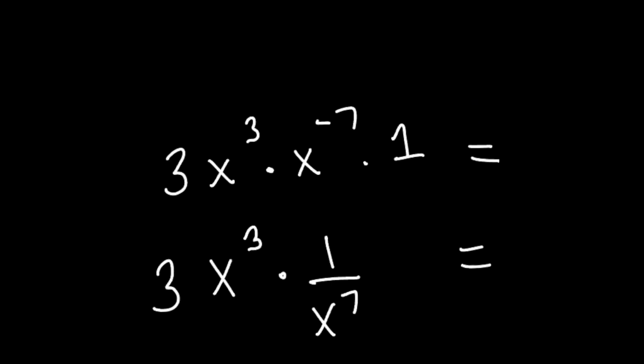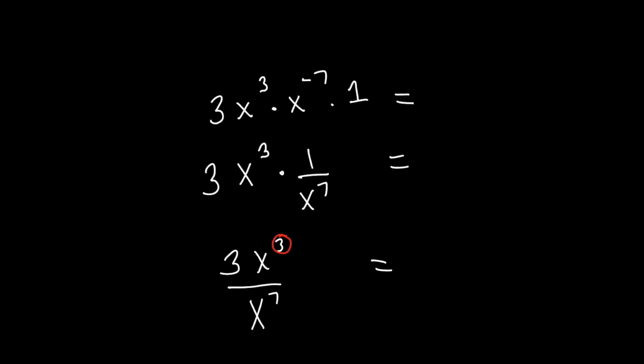Let's see why this is the answer. If we apply one of the laws of exponents for x to the power of negative 7, the 1 over x to the power of positive 7 will be multiplied to the 3x to the power of 3. When we multiply this together, the 3 and x to the power of 3 will end up in the numerator. Here x is being multiplied 3 times in the numerator and 7 times in the denominator.